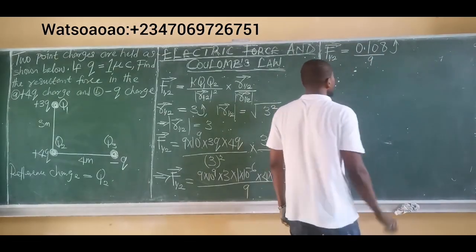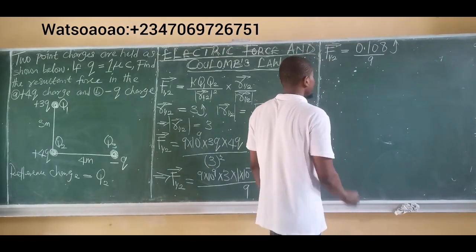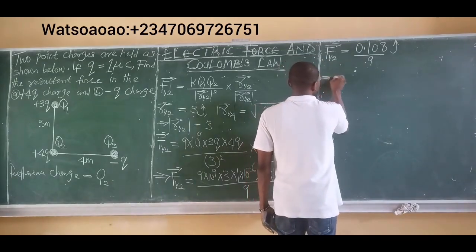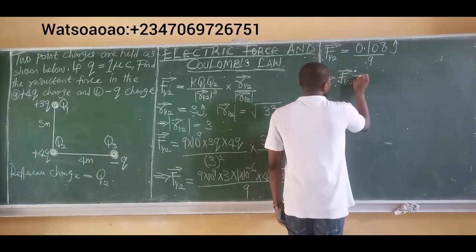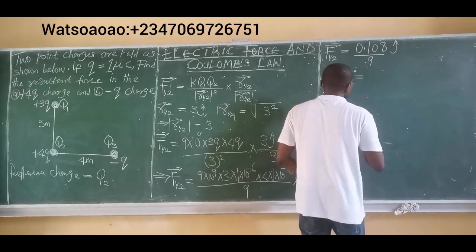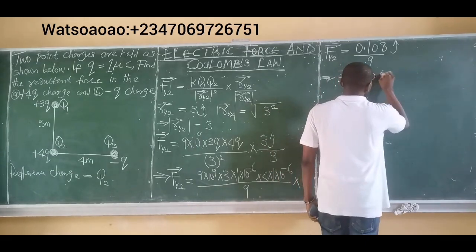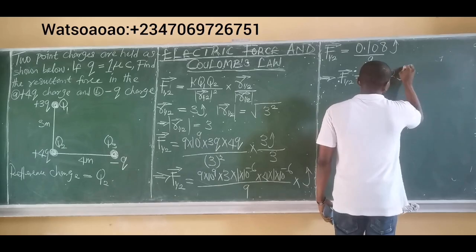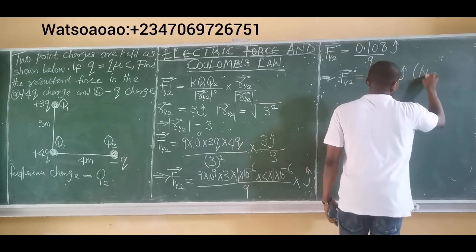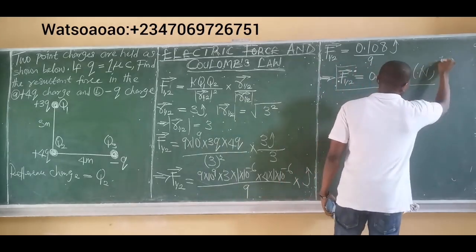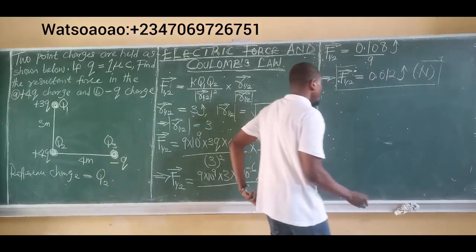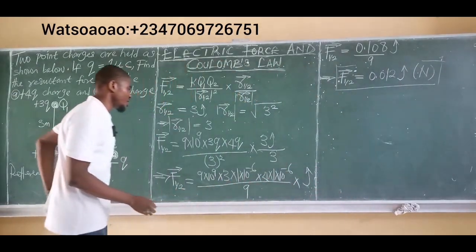So 0.108 divided by 9 implies that the force of attraction between charge 1 and charge 2 is equal to 0.012 in the j direction, in newtons. So this is the force of attraction between the plus 4q charge and the plus 3q charge.